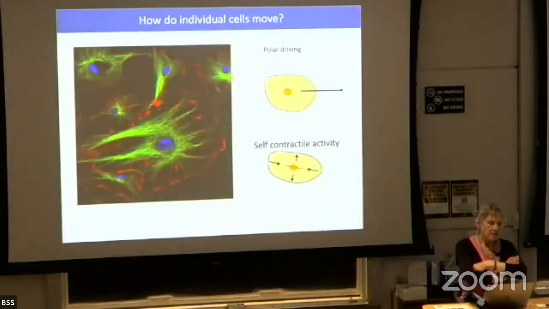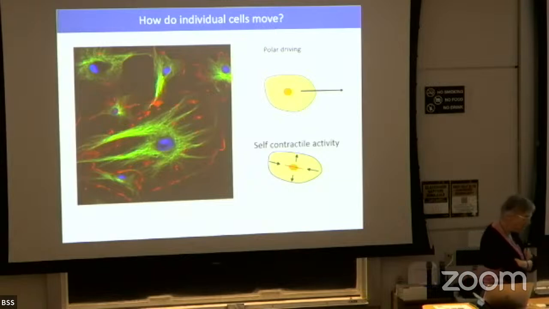So let me just talk about how individual cells move, really just to set the scale on which I'm going to think about these models. We know about these cells, we know about how they move, we've heard a lot about that. But if you want a minimal model of what's going on, these things have some sort of polar driving, which will move them in a certain direction by a fluctuating polar force, because we know that they do a self-avoiding walk, and then some sort of self-contractile activity, which takes my elongated cell, which has been pulled out by the polar force, and pushes it back, so it's a more sensible shape.